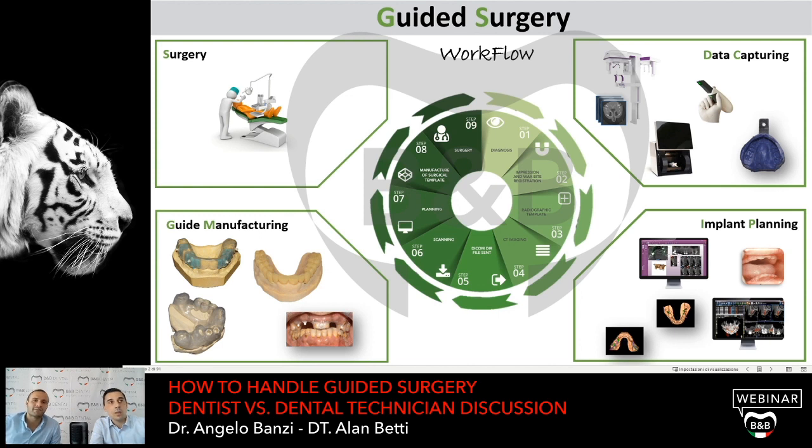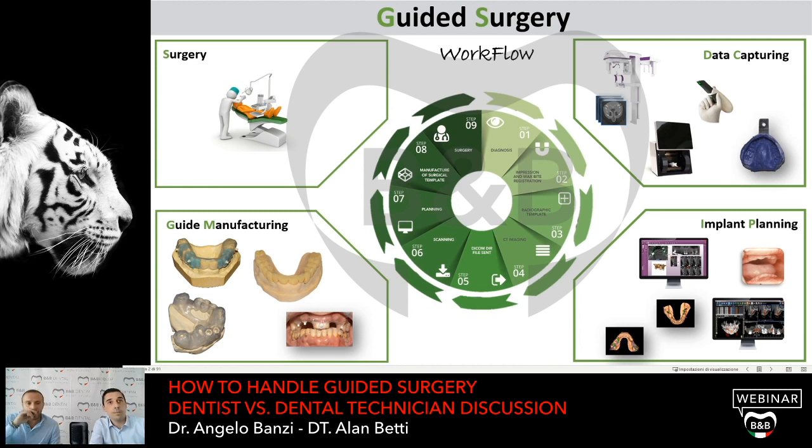The first one is the family of capturing data. The second is the planning. The third one is the manufacturing, and finally the surgery time. And remember one important thing, you have to follow these 9 operative steps. This is really important.